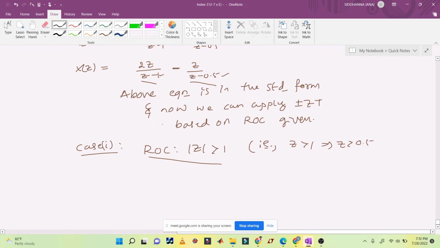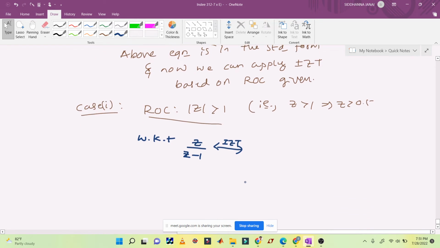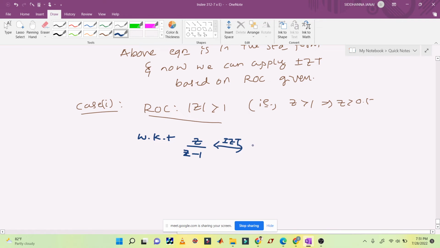So related standard sequences are, first one, we know that Z divided by Z minus 1, its inverse Z transform is U of n.